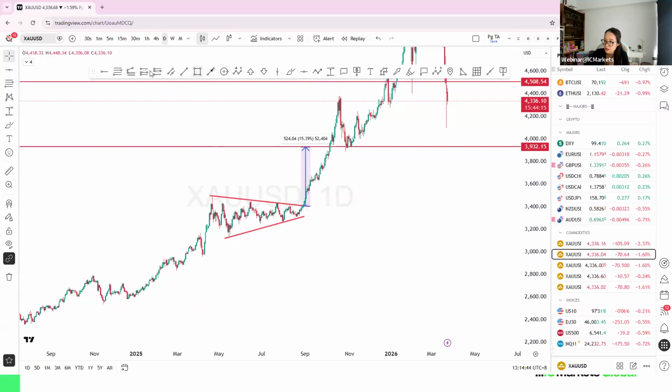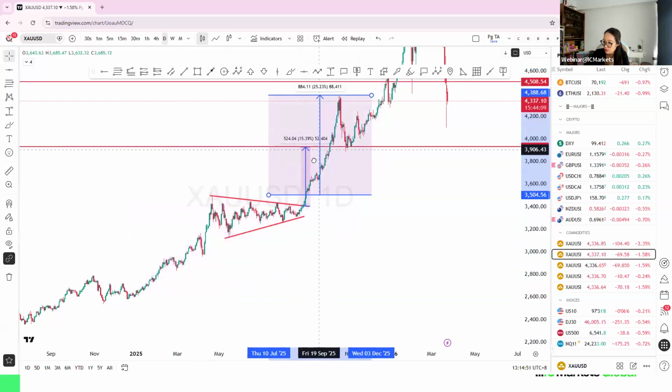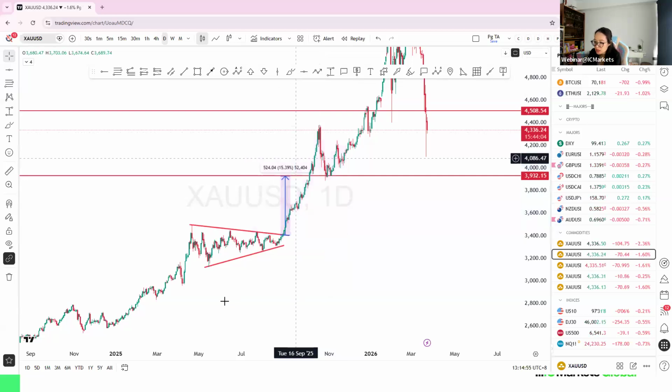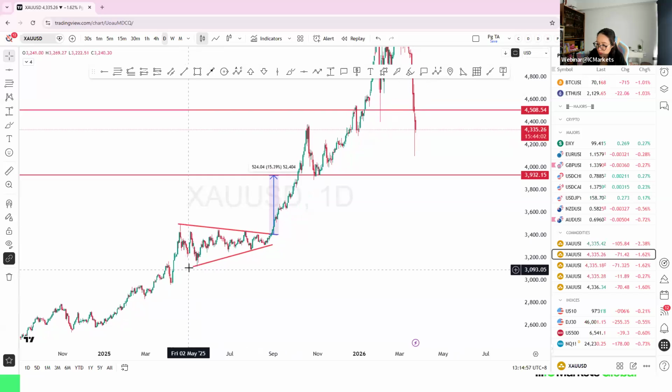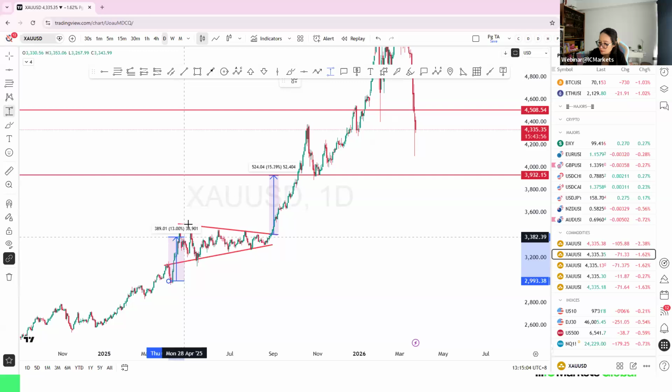But some of you might measure from this distance to this distance, and then measure from the breakout, which would be at this high. But to me, I start off from where price makes the start. So my pole is here, and I measure from here.